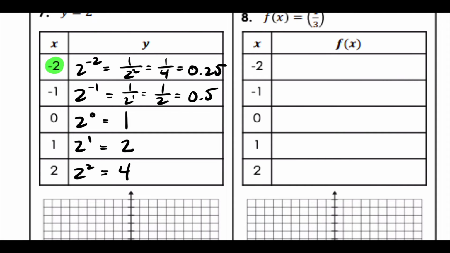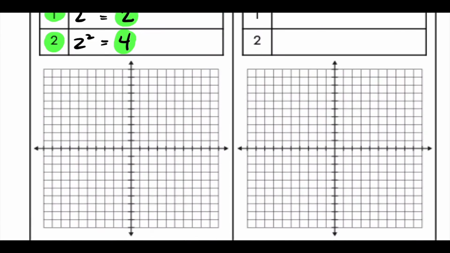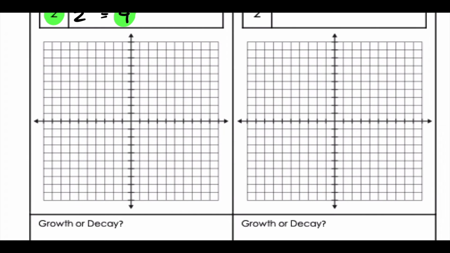Okay. So I have 5 dots. I'm going to highlight them in green. I need to go make those dots on the graph below. So the first dot is -2. Go left 2, up 0.25. So I go left 2, and I barely go up anything.